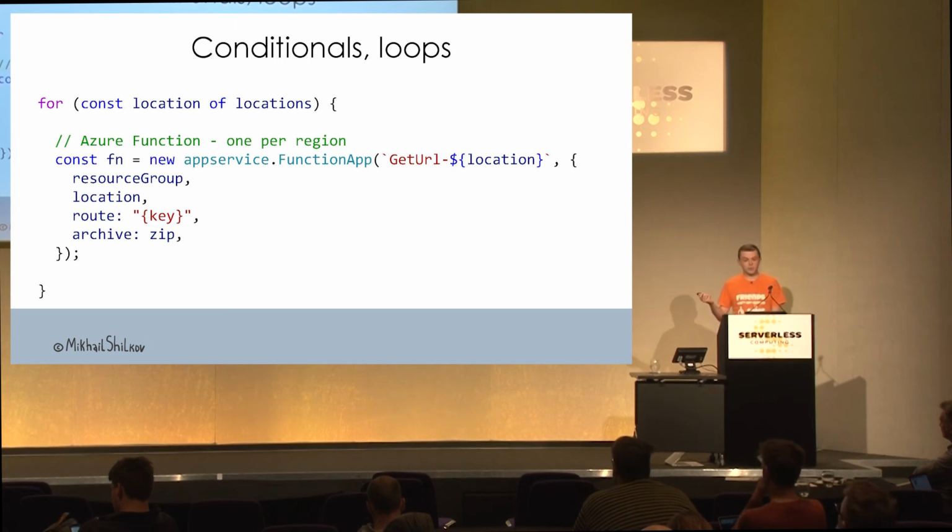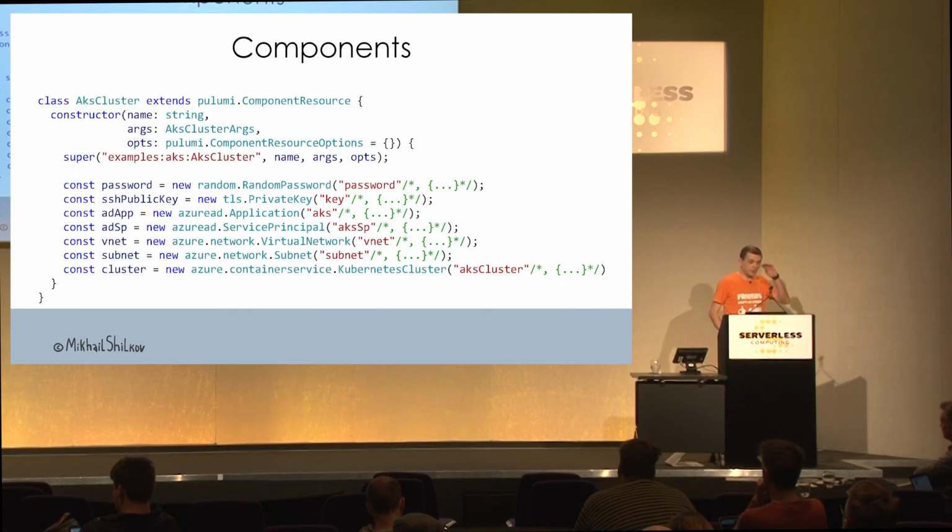In this example, I go through the list of locations and create a function app for every location. It's just a loop in JavaScript. And I can use things like string interpolation, for example, in this case. But the most powerful thing is that I can create my own components if I want to. Here I created an AKS cluster, not very serverless example, but still.